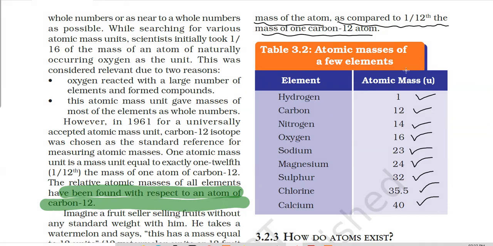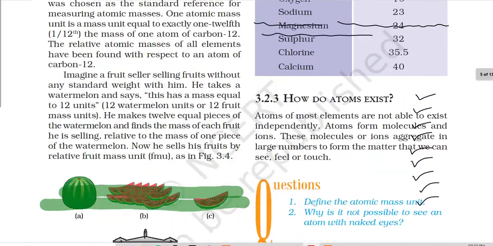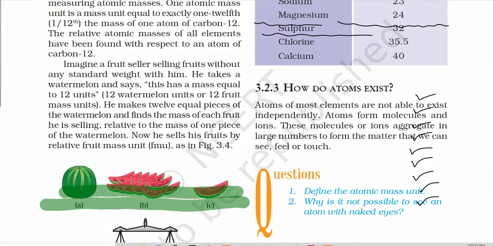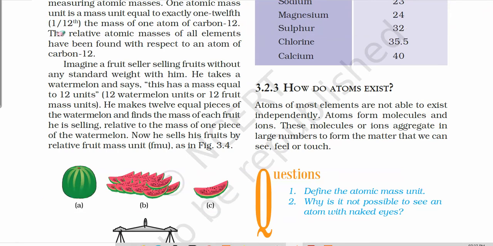Now, how do atoms exist? After finding out the atomic mass, the next question which arose in the minds of scientists was how atoms exist. Atoms of most elements are not able to exist independently.